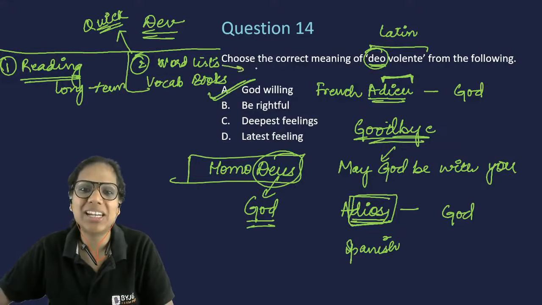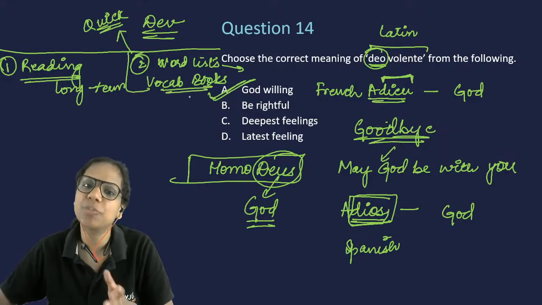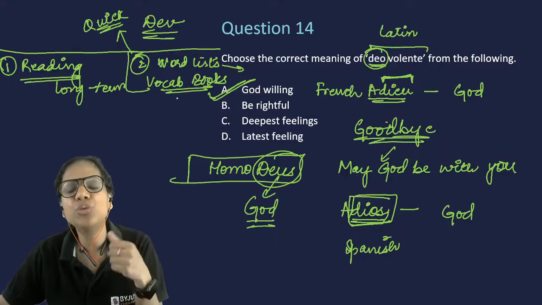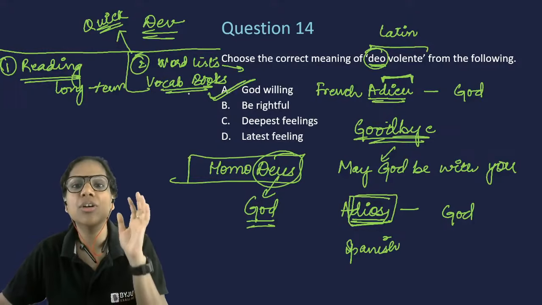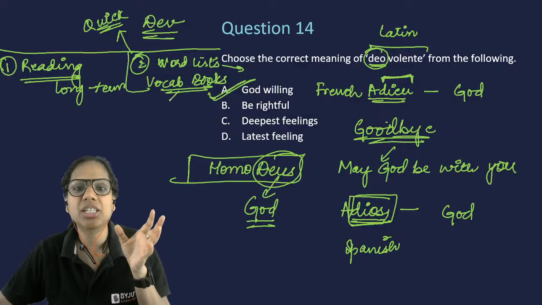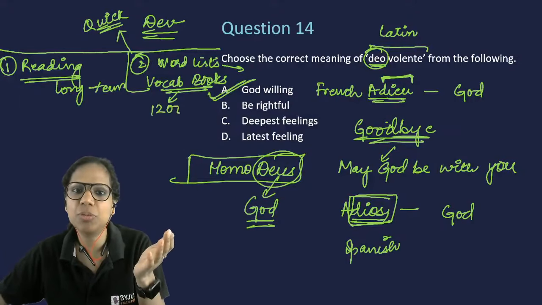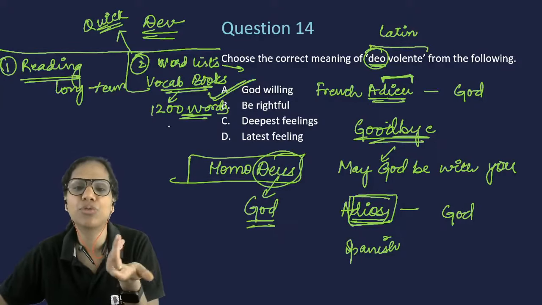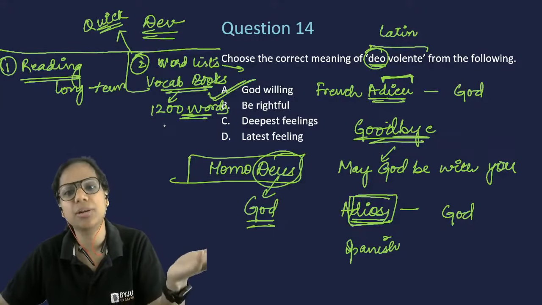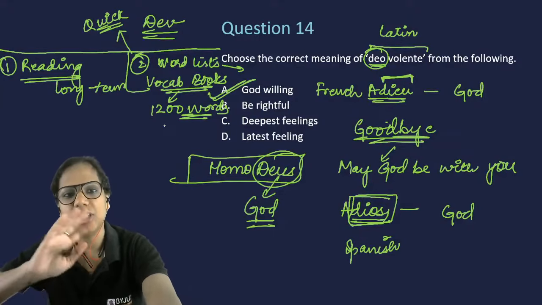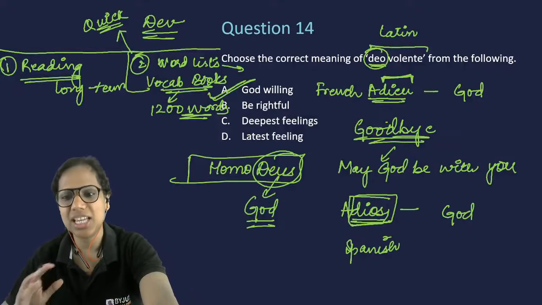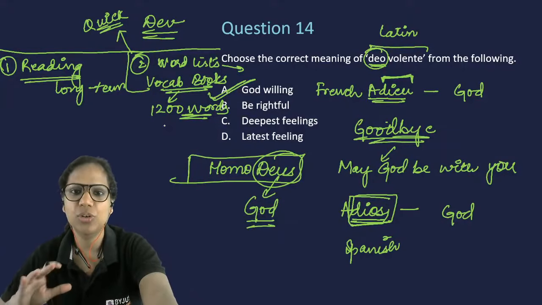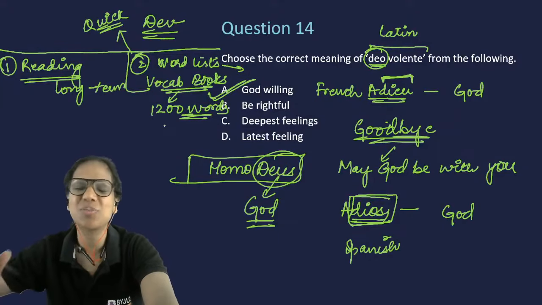So, for instance, Barron's 800 list or Word Power Made Easy. They help you to amass about 1,000, 1,500 words, right? So, for instance, Word Power Made Easy will help you to amass about 1,200 new words in a span of 1.5, 2 months, right? Which is a very good number. So, these are some quick ways. And yes, you do improve. It's not that these are just a matter of luck.